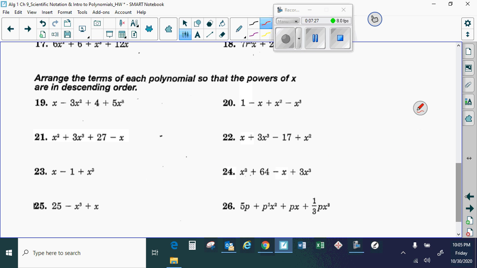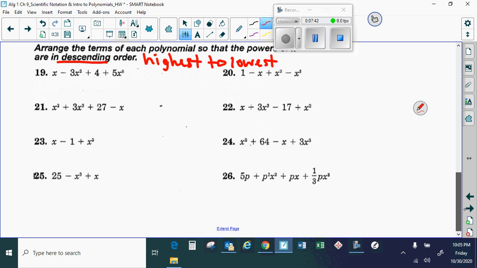Okay, down here, arrange the terms so the powers of x are in descending order. That's highest to lowest. Okay, let's go ahead and do number 26. So I'm just going to put the degrees above each one.